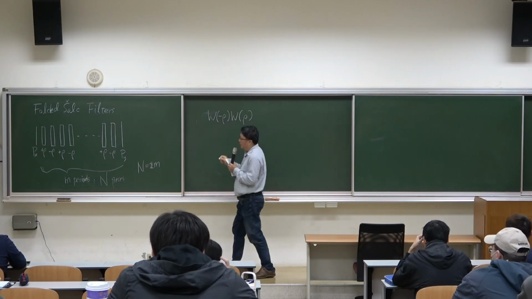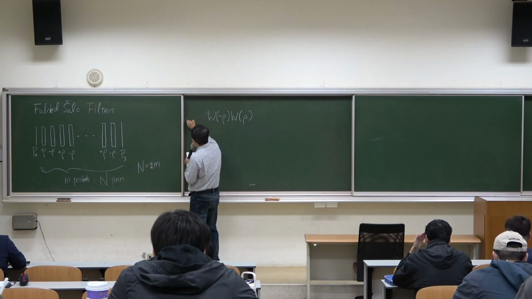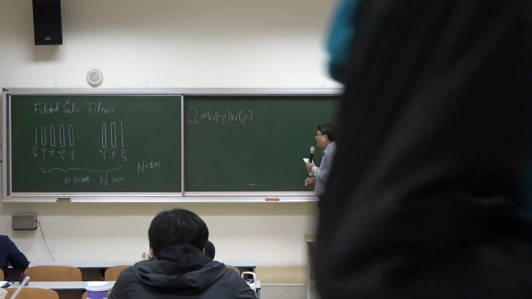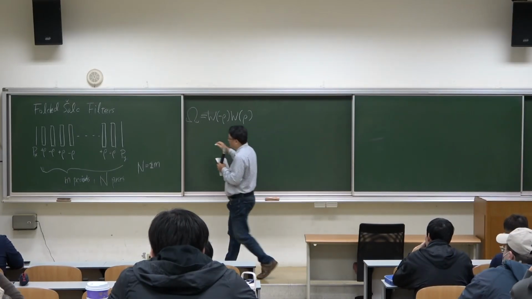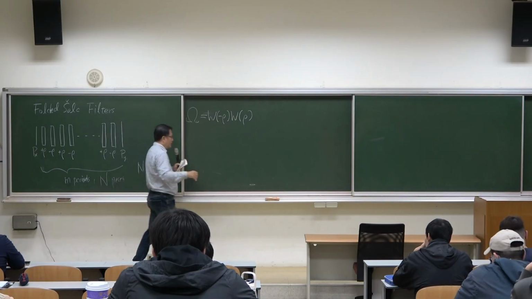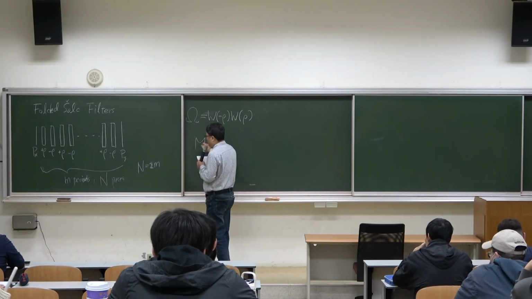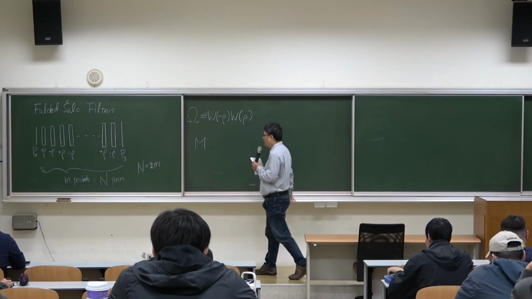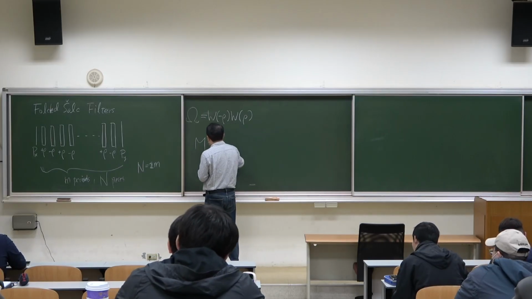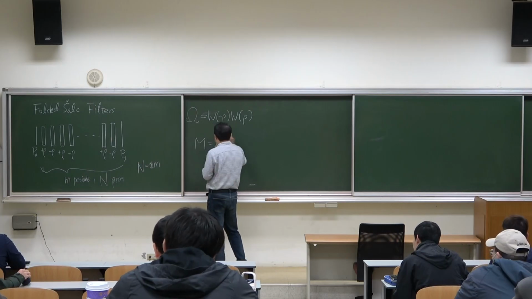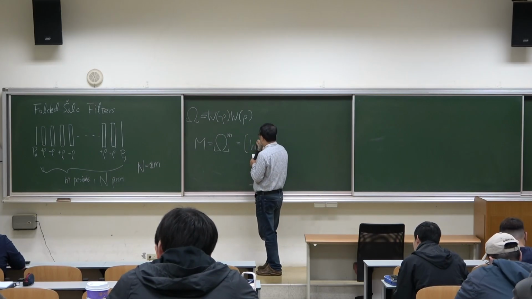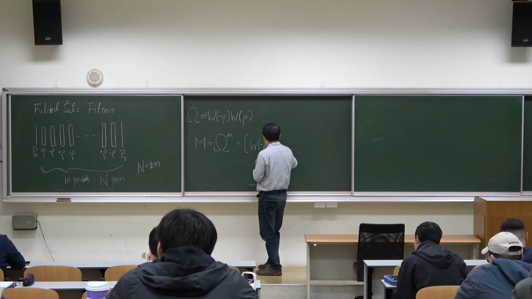Okay, and I denote this as capital Omega, and then the matrix corresponding to all the wave plates is the nth power of capital Omega, which is this W minus rho times W rho.